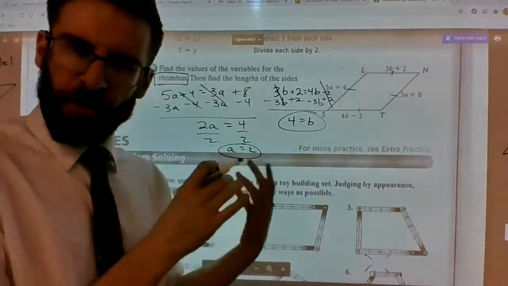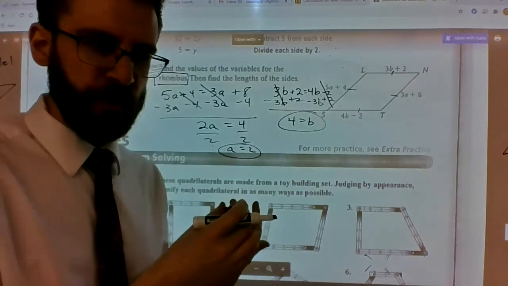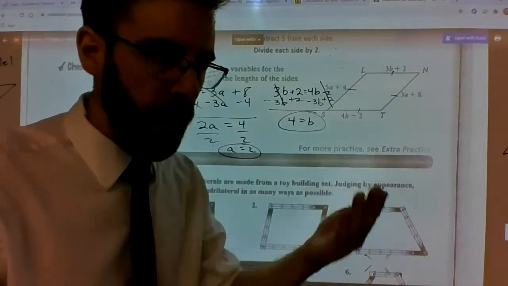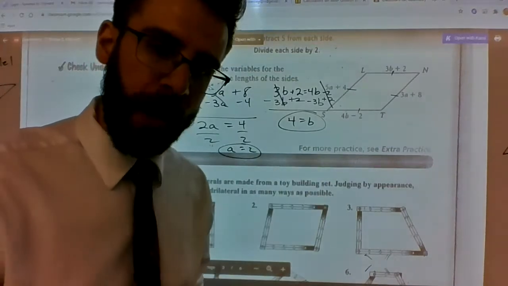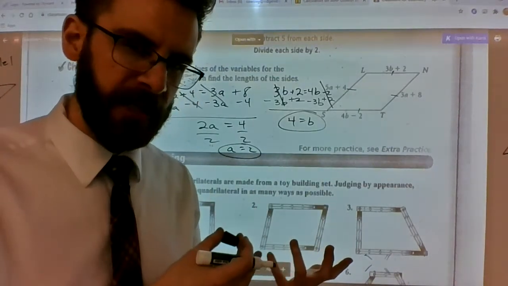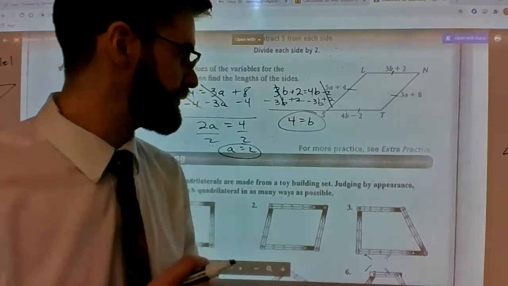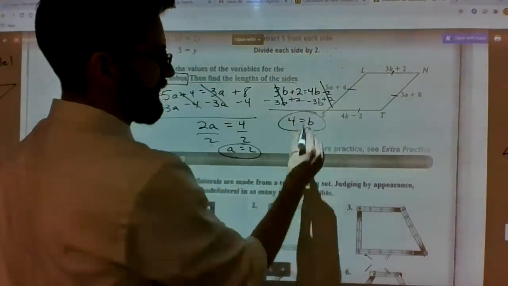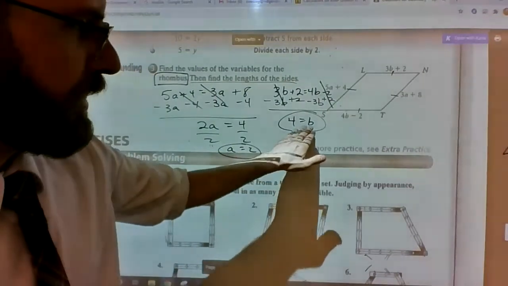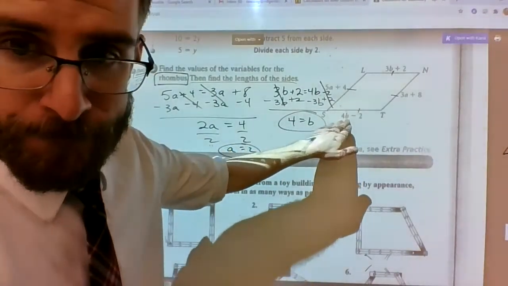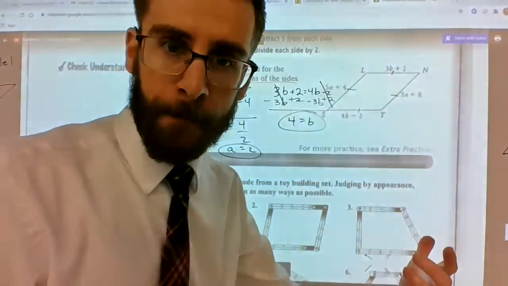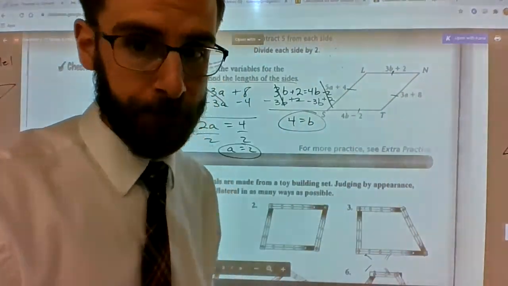So we're throwing in a little algebra along with understanding the new concepts, committing to memory what is a kite? What is a trapezoid? What's special about a parallelogram? What's special about a rhombus? Those kinds of things. Lastly, they want you to find the length of each side, so all you would do is plug the b variable back in for b and the a variable back in for a. They all end up being 14 units of measurement.